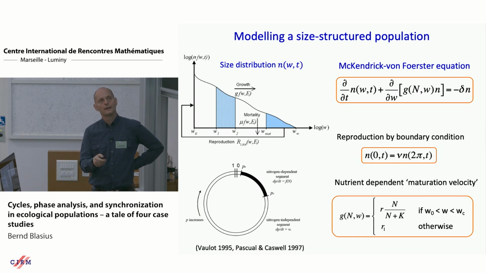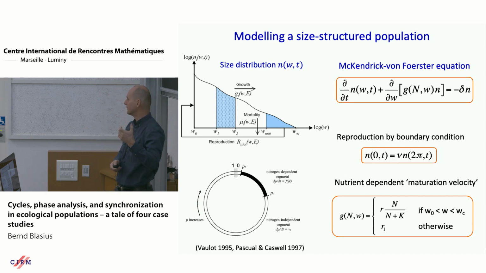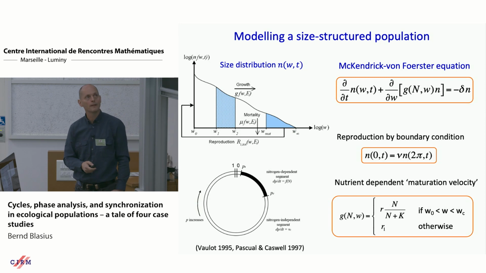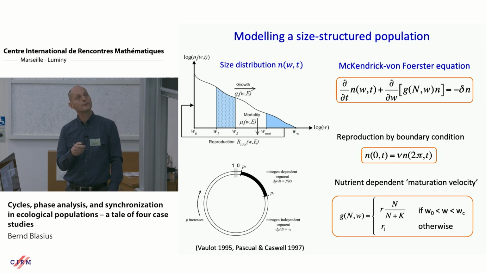So we say the size distribution at 2 pi, when they have completed one rotation, is nu times the size distribution at phase 0. So the reproduction is just integrated by the boundary condition. But now the interesting thing is how this growth rate works.